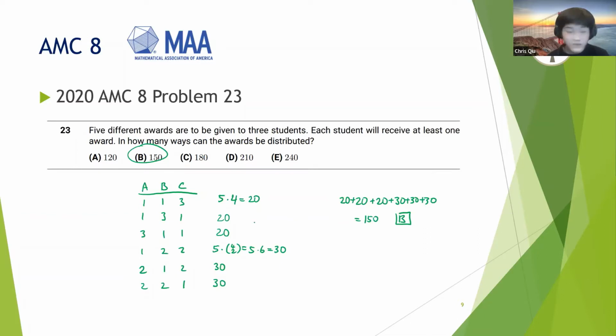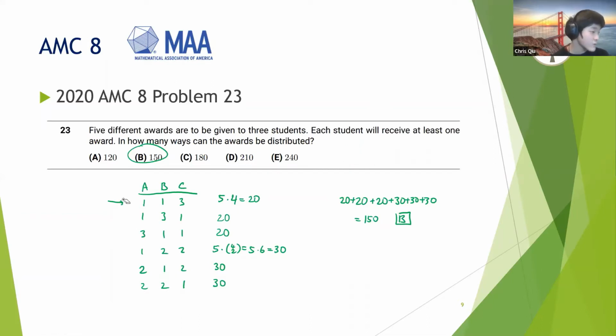Oh, how did I get the cases? So we're casing on the number of awards that each student got. So for example, since each student received at least one award, the only possibilities for the number of awards of each student are 1, 1, 3, and 1, 2, 2, because these are the only two ways to partition 5 into 3 positive integers.